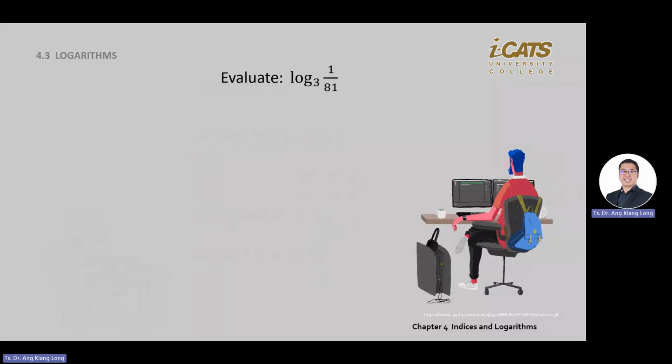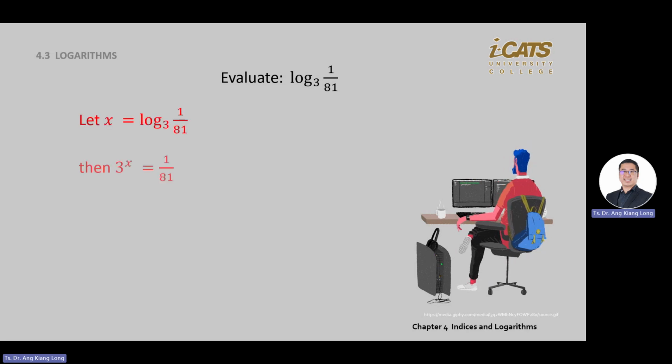Okay, so this is another form. So base 3, 81. How is 3 multiply something equal to 81? 4. 4. But it's a reciprocal, so it's minus 4. Power negative 4. But still the same step, you start with x equals something, then you convert into indexes. Right? Log 3 means base 3.